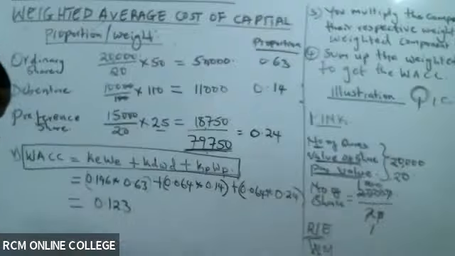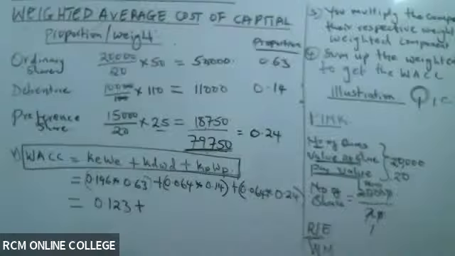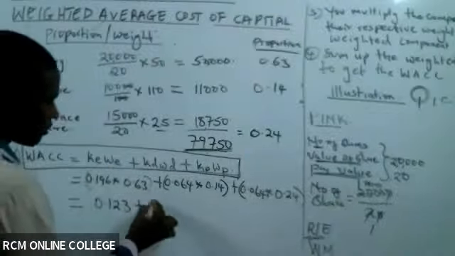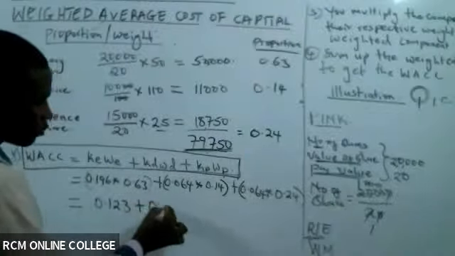Sasa 8.96. Tuweke 0.896 ama 0.00896. Hai, decimal points zimekuwa mingi tena.